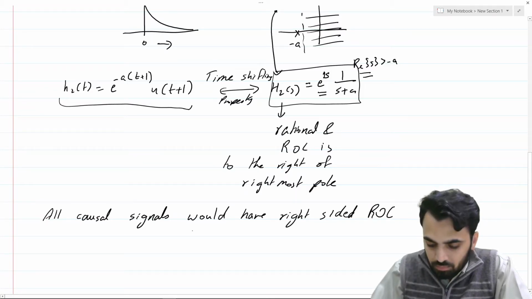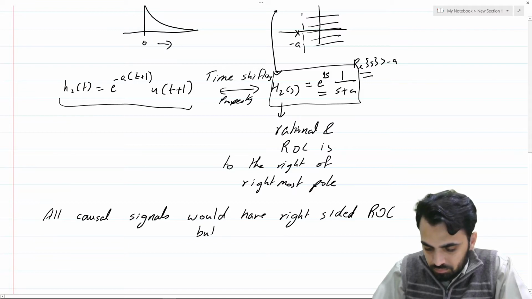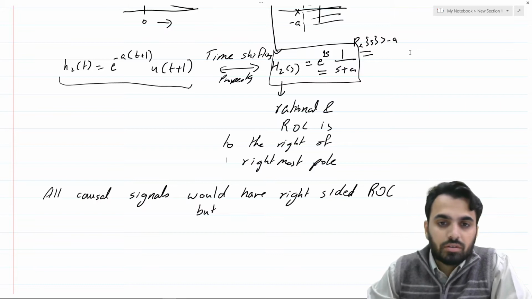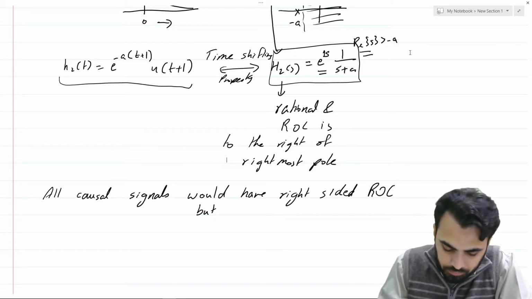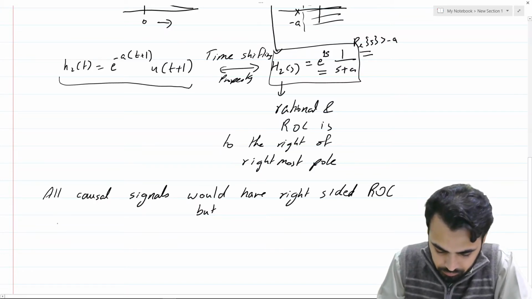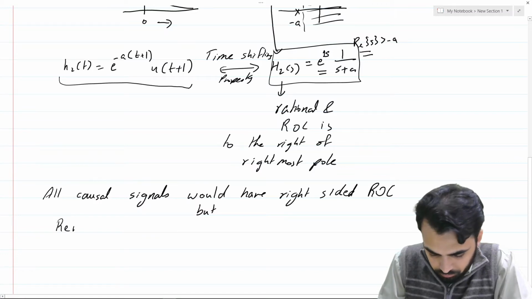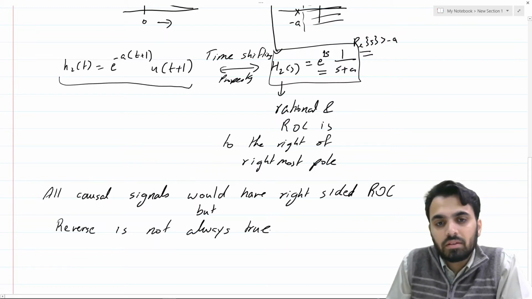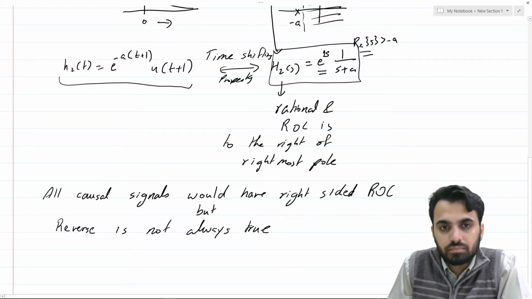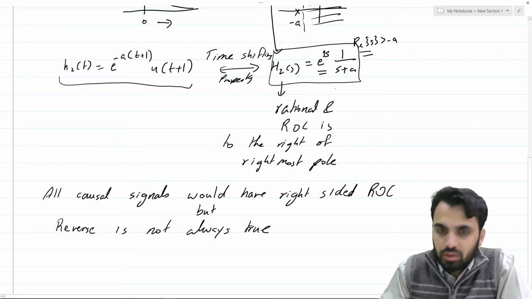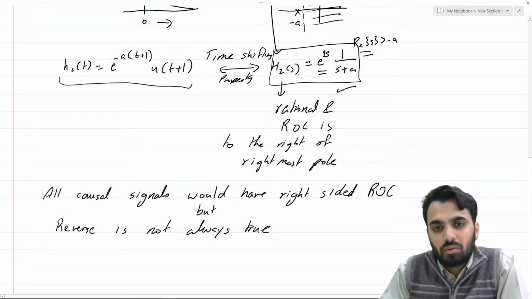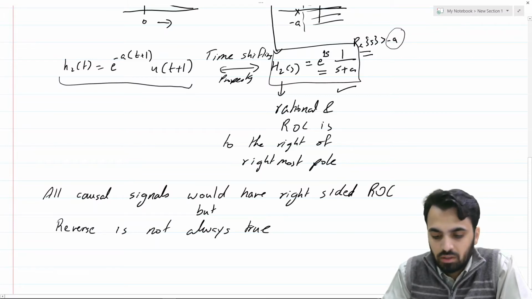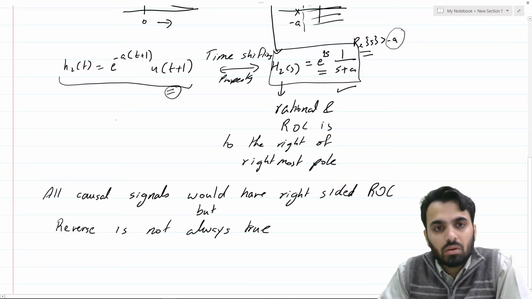But at the same time, the reverse is not always true. As we can see over here, the region of convergence was towards the right of the rightmost pole, but at the same time, the system is non-causal.